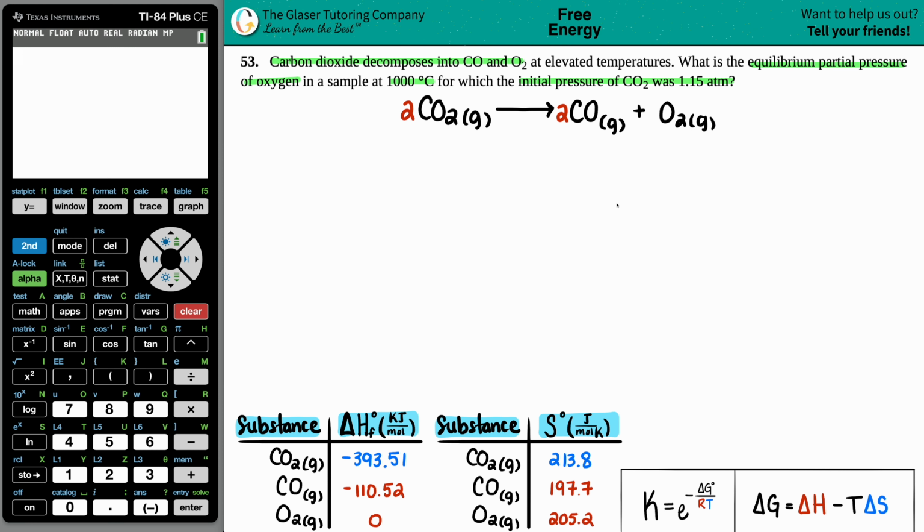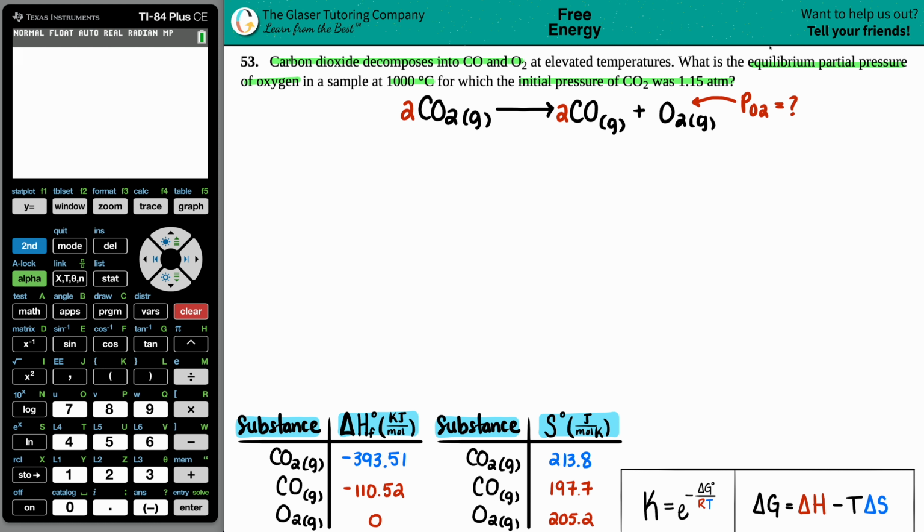And ultimately, we wanted to find out the equilibrium partial pressure of the oxygen. So partial pressure just means that you're only finding out the pressure of an individualized component in your balanced equation. So we're ultimately solving for the pressure of O2. That's my ultimate goal, to get that pressure of the O2.